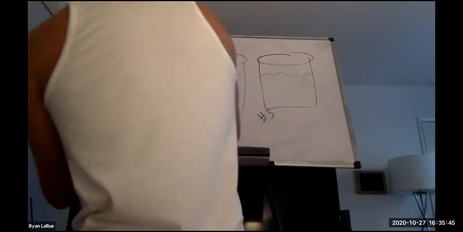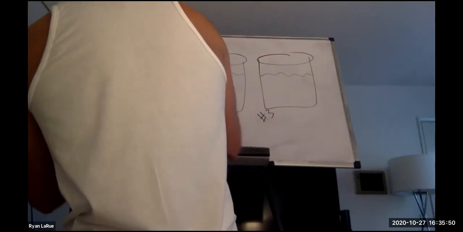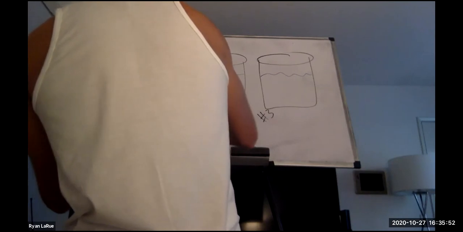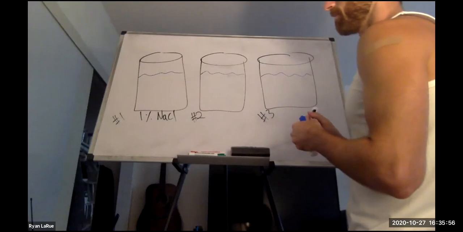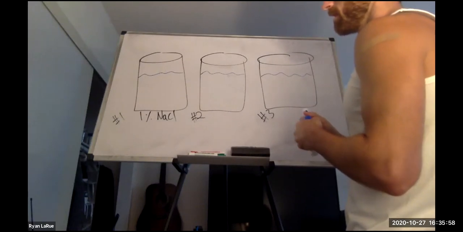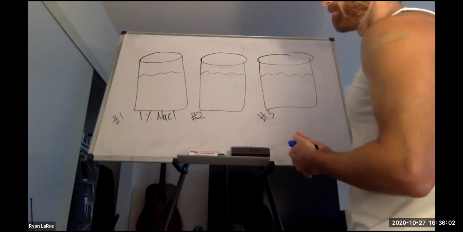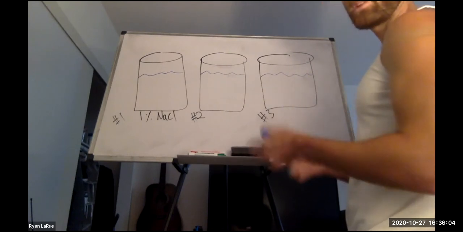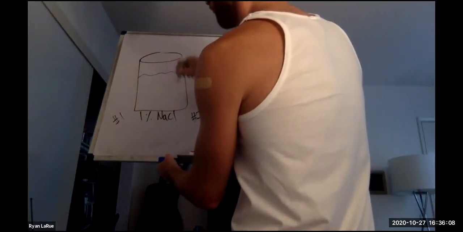So I'm going to write 1% NaCl in beaker number 1, dissolved in the water. And to visually represent that, I'm just going to do a couple dots submerged in the water here.